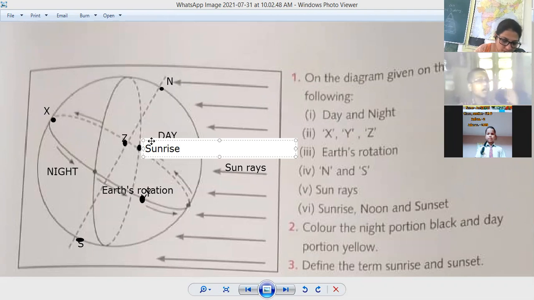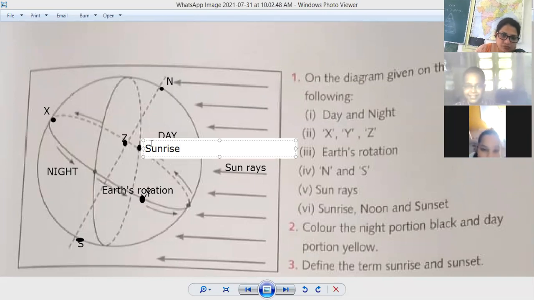Now, at what point is sunset? Sorry, it is sunset. Earth rotates from west to east, so it is sunset.